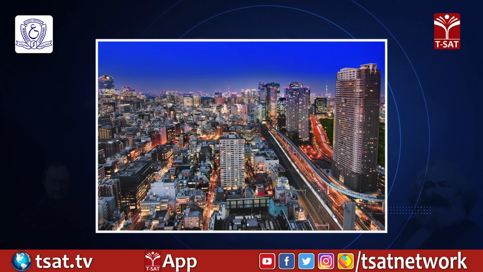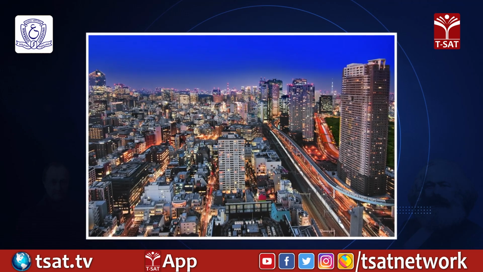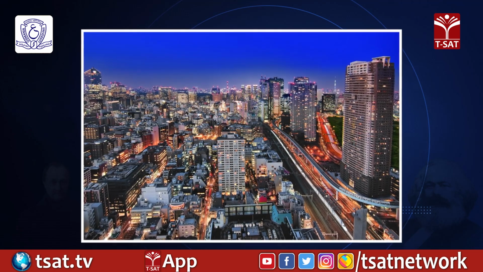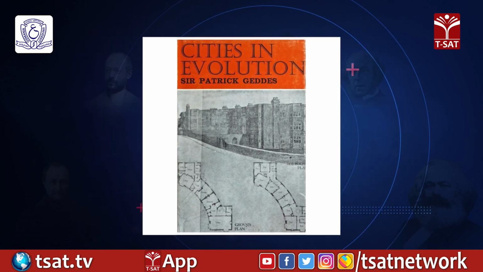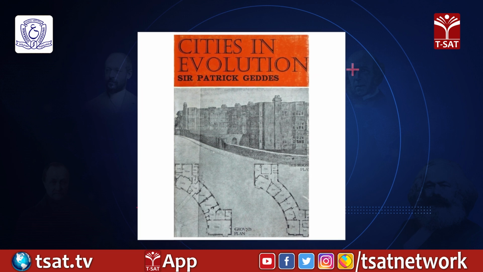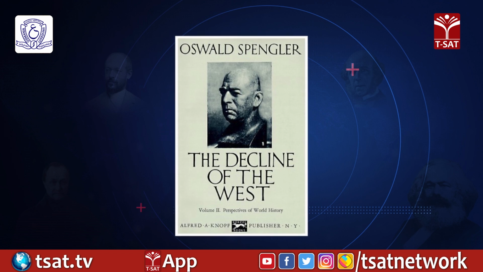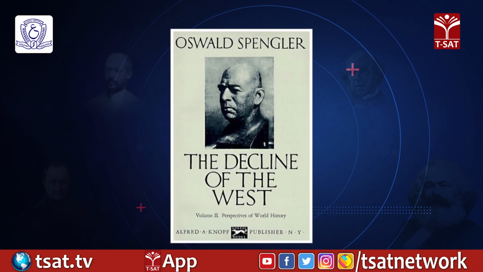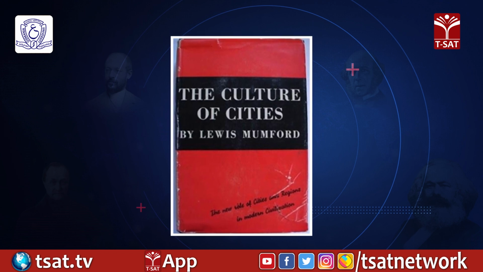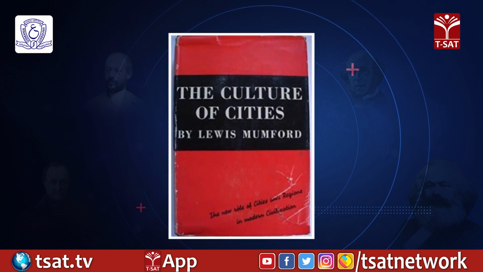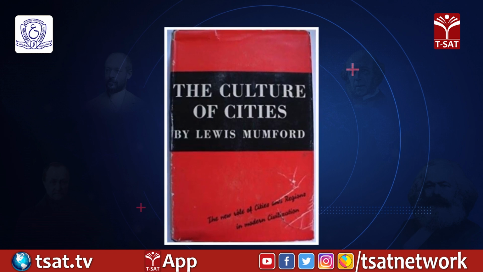The megalopolis concept became highly influential as it introduced a new, larger scale in thinking about urban patterns and urban growth. The term was coined by Patrick Geddes in his 1915 book Cities in Evolution and used by Oswald Spengler in his 1918 book The Decline of the West and Lewis Mumford in his 1938 book The Culture of Cities, which described it as the first stage in urban overdevelopment and social decline.